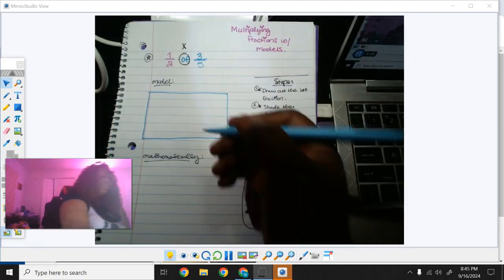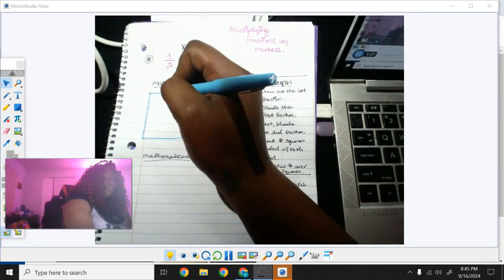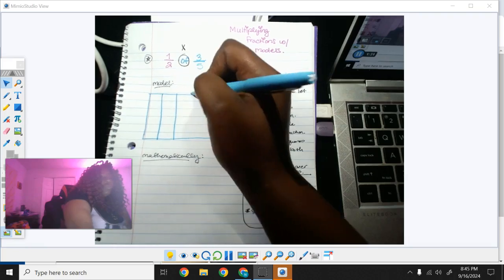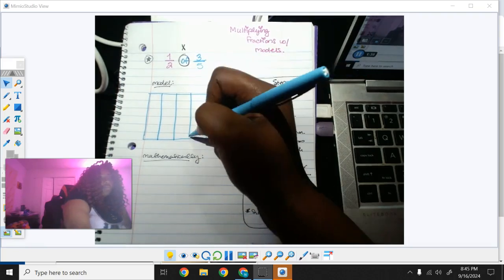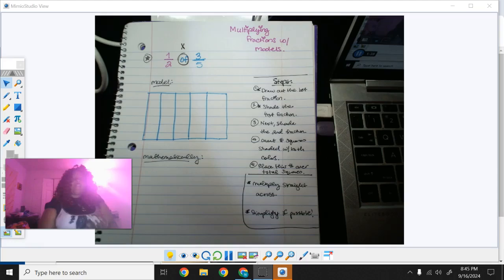All right. And then I'm going to divide that square into fifths going vertically. So 1, 2, 3, 4, 5. So I divided my square into fifths.